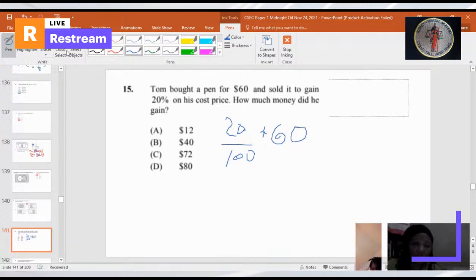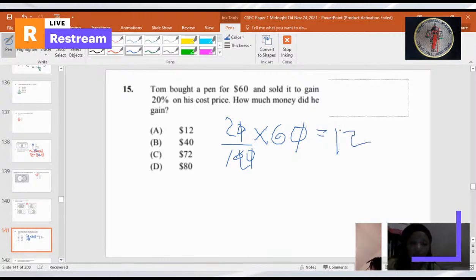It's $12. Hold on, my times looks like a plus. So it should be times. All right, so we can cancel zeros when we're working with zeros. So what we're left with is 2 times 6, which is 12.